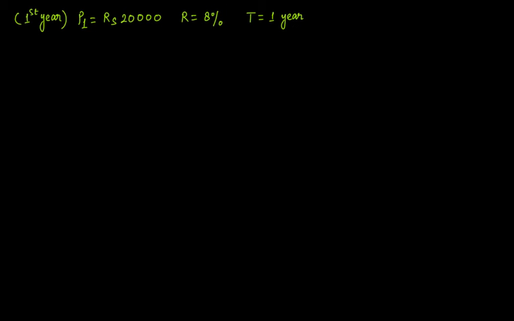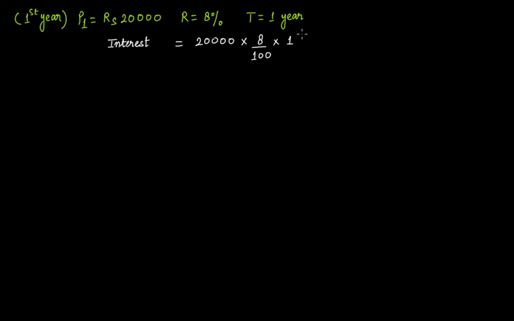Now, let's say that this is the interest that we calculate for year 1. This is equal to P, that is 20,000, multiplied by the rate, that is 8% of this 20,000, for a period of 1 year.